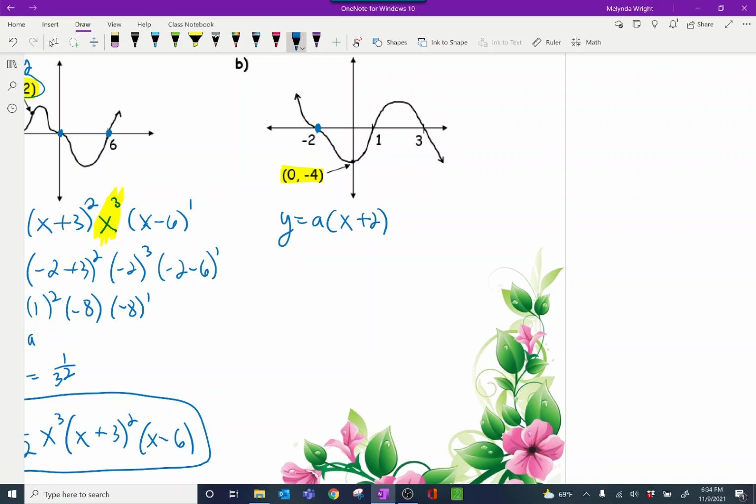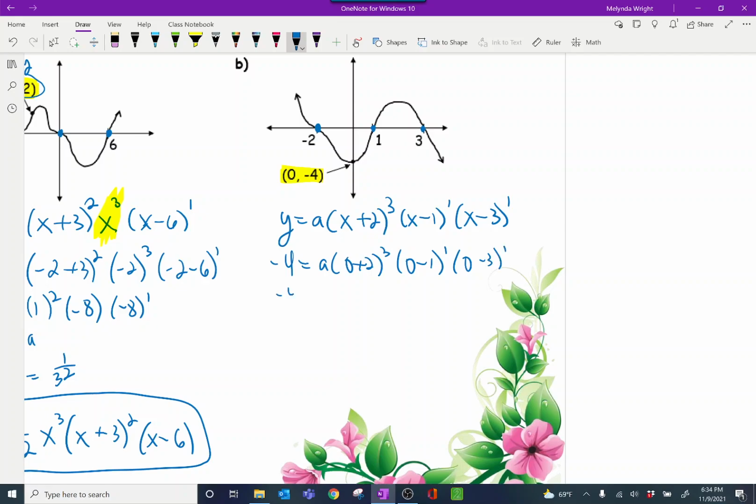Then we have at 1, that's x minus 1, and that's to the first. And we have another 0 at 3, so x minus 3 to the first. Okay, so now let's use that point, 0, negative 4. So negative 4 equals a times 0 plus 2 cubed times 0 minus 1 to the first times 0 minus 3 to the first.